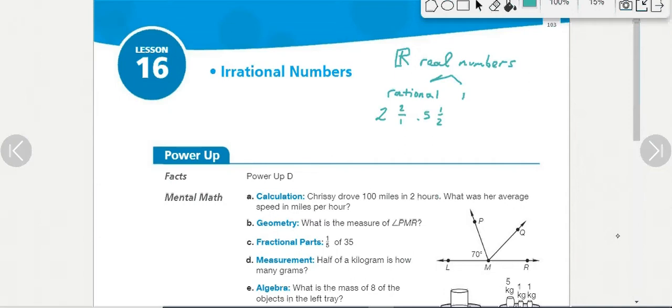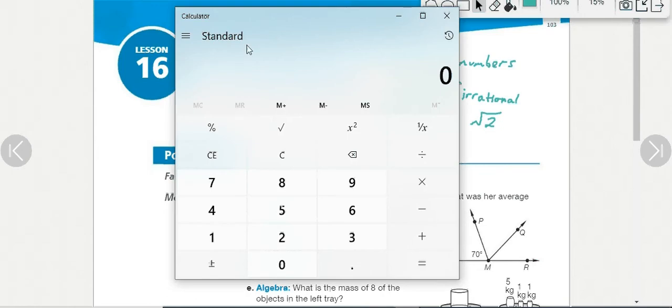Irrational, still a real number. We can actually show it on a number line, but we can't completely define it. I mean, irrational would be like the square root of 2. It never really ends. Why don't you type that into a calculator quick? Yep.